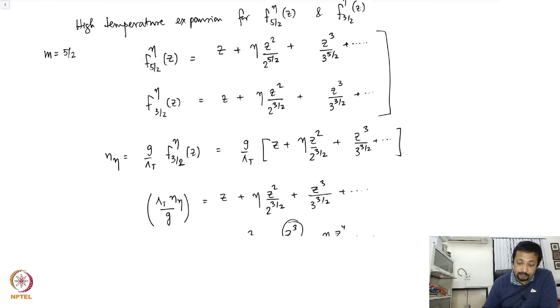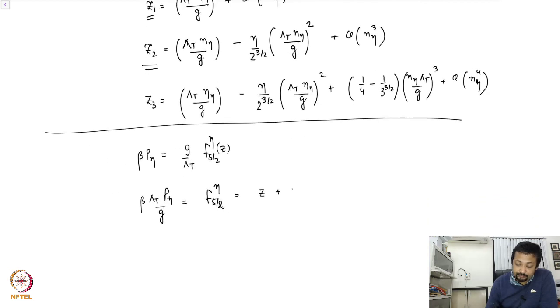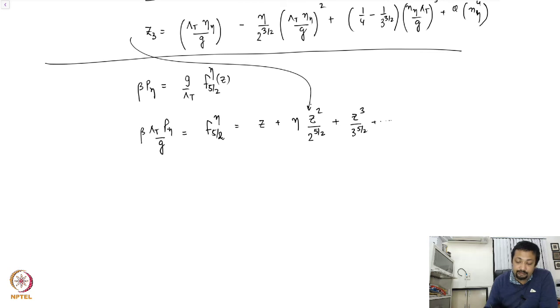If you go back to this approximation, it is going to be z plus η z² / 2^(5/2) plus z³ / 3^(5/2), plus higher order terms. Now if I substitute z3 in the expression for βPη, then I see that this is going to be λ_T nη over g minus η.